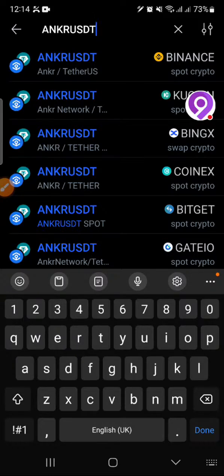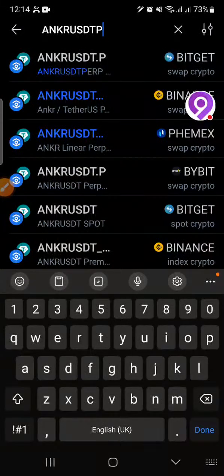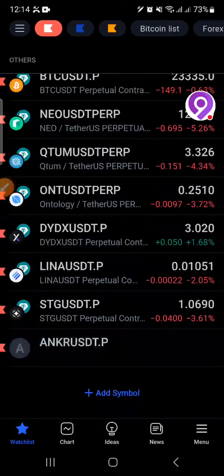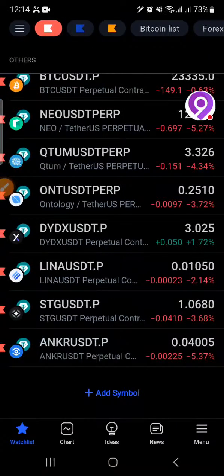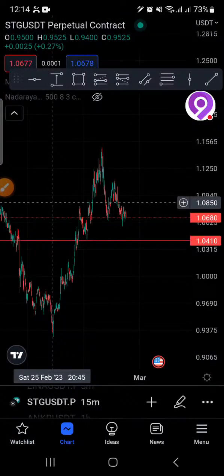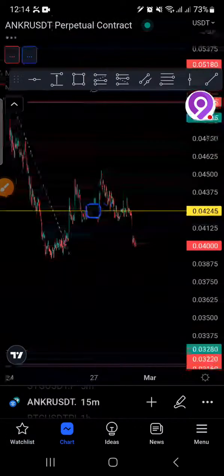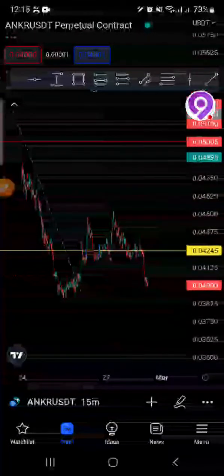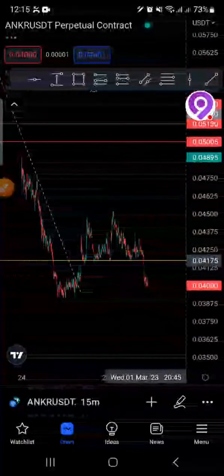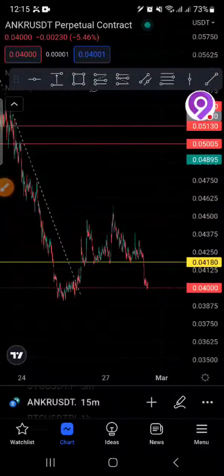Okay. You see this? In the 4 hour time frame, even looking at this, it's already giving us breakouts to the downside.